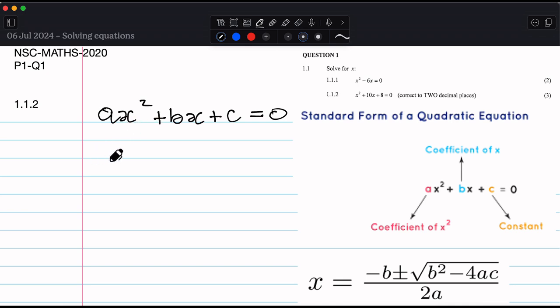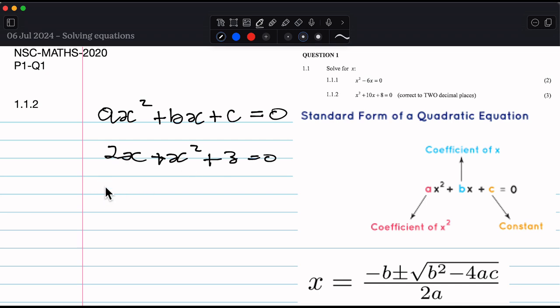Say we have a quadratic equation given to us as 2x plus x squared plus 3 equals 0. Now, this equation is not in standard form. Why? Because the x squared term is not in first place, right? So we need to rearrange it in such a way that it resembles the standard form quadratic equation.